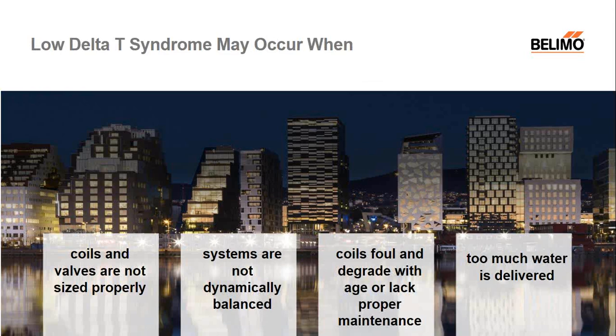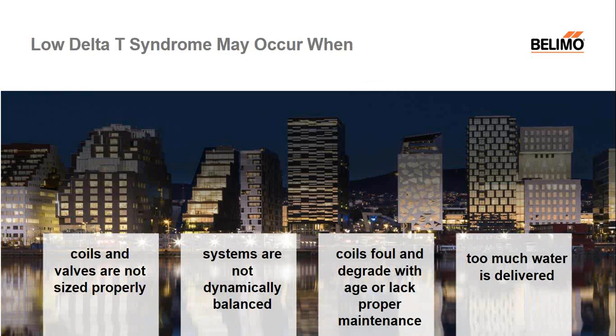Once again, on the coil side, coils foul and degrade with age or lack of proper maintenance. If a coil is not properly maintained, if it isn't cleaned properly in terms of removing dust off of the surface or internal scaling, it would have a negative impact on the heat exchange capability of that coil. Also, over time, coils just start to physically degrade. They're made of metal, and that metal over time can rust.